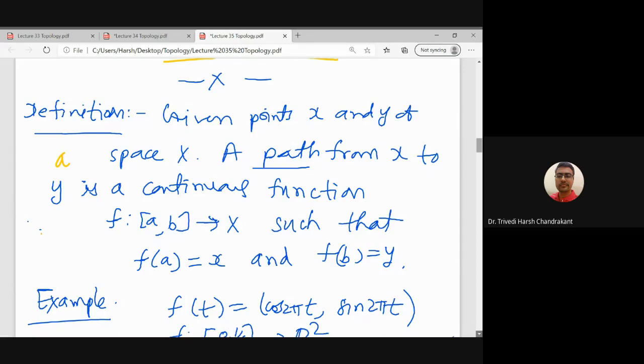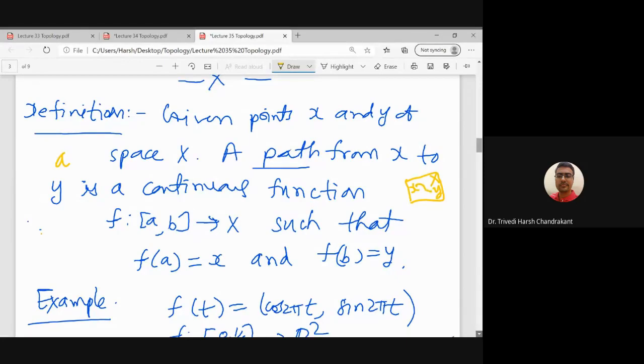So if X is given, I have points a and b, and I have points x and y. If I can find a continuous function f such that f of a is x and f of b is y, then such a function is known as a path.